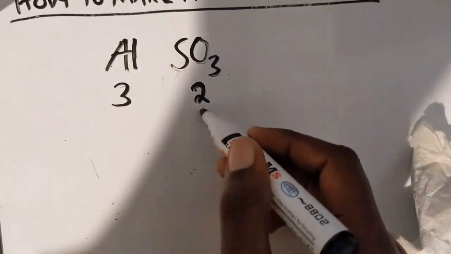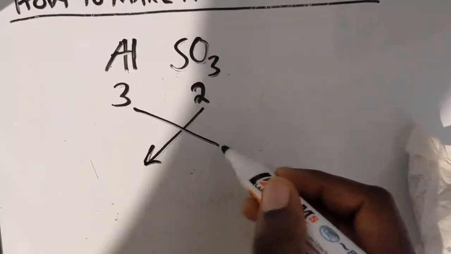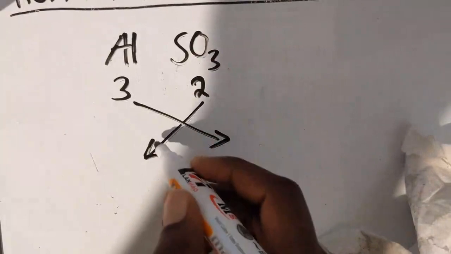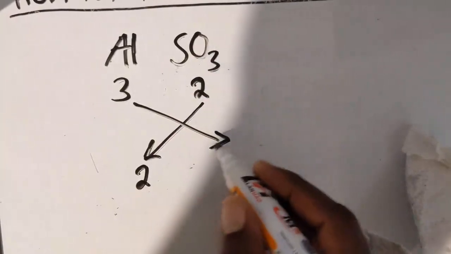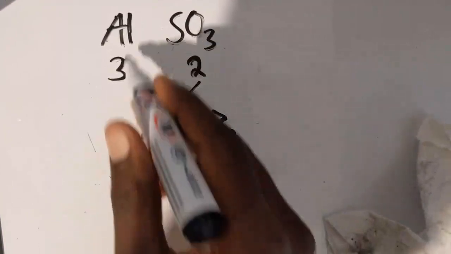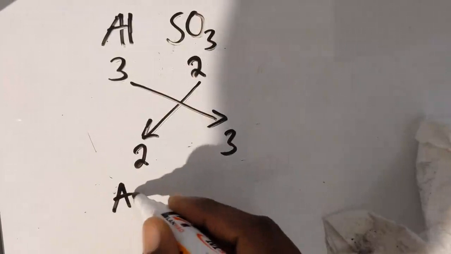So when these swap their valences, I'm doing it slowly here so that you understand. When these swap their valences, the 2 will come this side, the 3 will come that side. So the metal, aluminium, will be aluminium 2 like that.